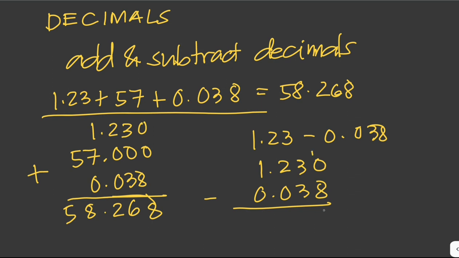So 10 minus 8 is 2, and then this is just 9, 1, 1. And that's just equal to 1.192. And for dividing decimals, I've already created a video which I just recently posted here, so you can check that video.